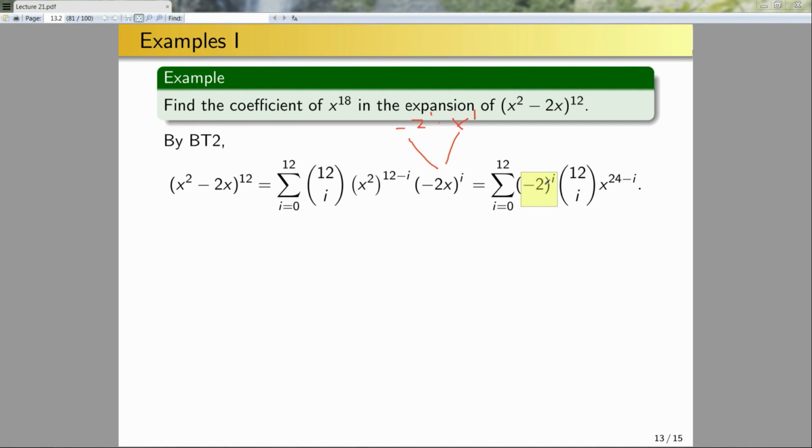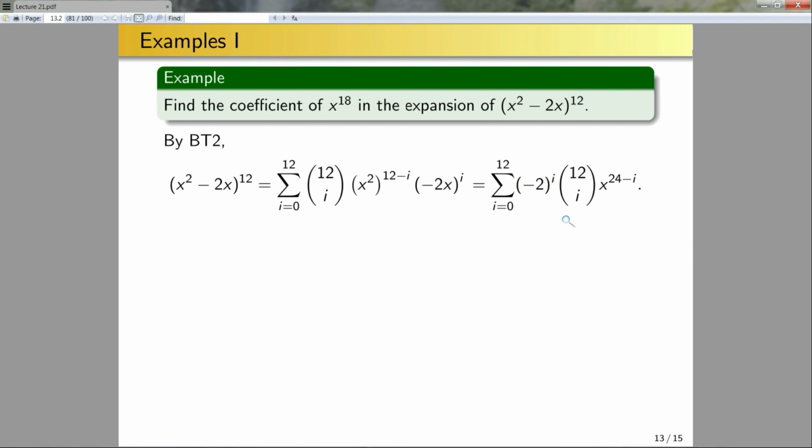The minus 2 to the i part I pulled up front, and here, the x squared to the 12 minus i is simply equal to x to the 24 minus 2i. And then when I multiply this by my x to the i, I simply get this x to the 24 minus i term. Okay, so that's what's happening in that simplification.